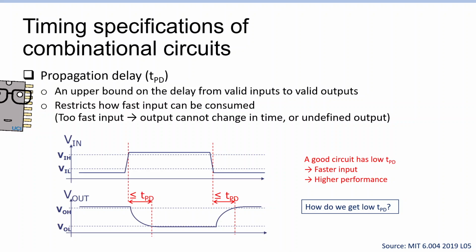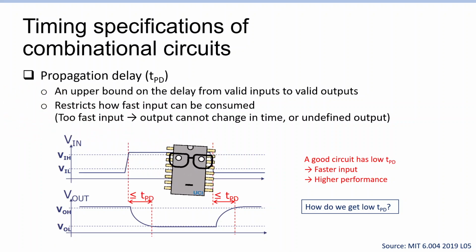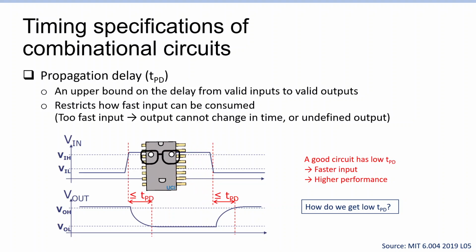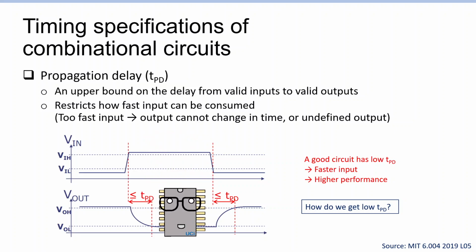So given a combinational circuit, it measures the time between when a valid input is given. So you see the input exiting the fuzzy stage at this particular point in time into a valid input of 1. It measures the time between when the input becomes valid to when the output becomes valid.